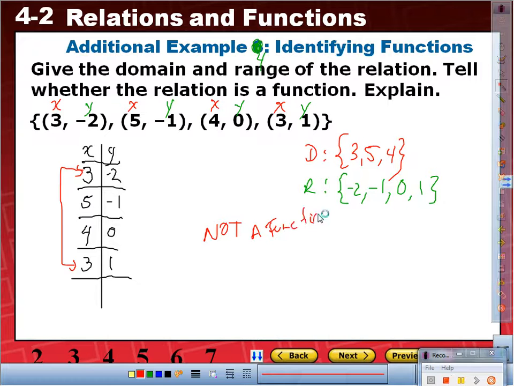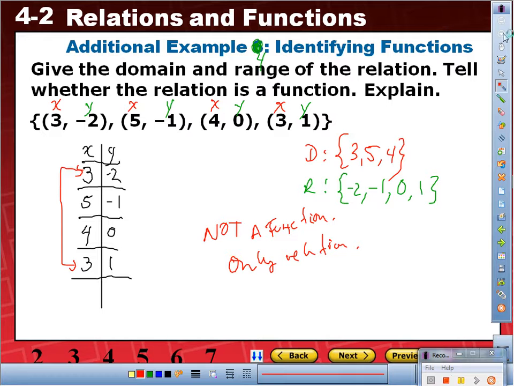It's only a relation, not a function. If they ask you to explain, what would you say? It's only a relation because it has two different values for one of the numbers of the x.